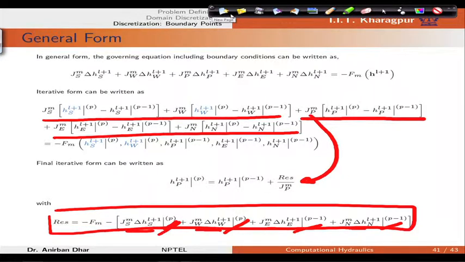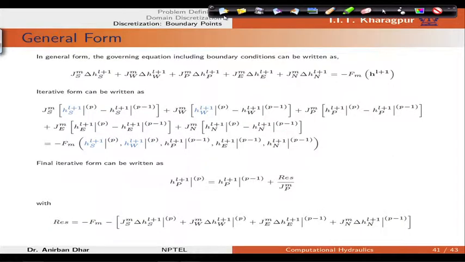Now, what I can do, I can start the iteration and get the converged value of HP at L plus 1. After getting convergence through the iterative format, I can transfer this value to HPL.